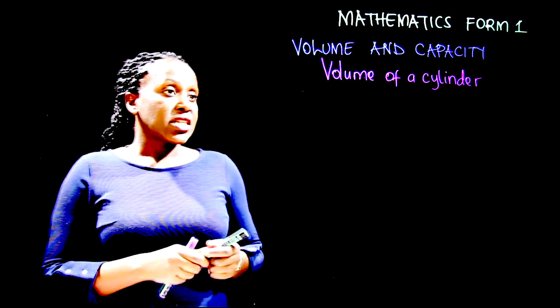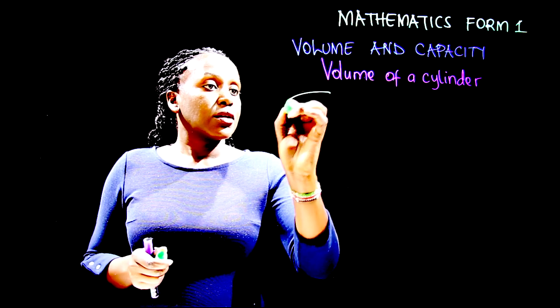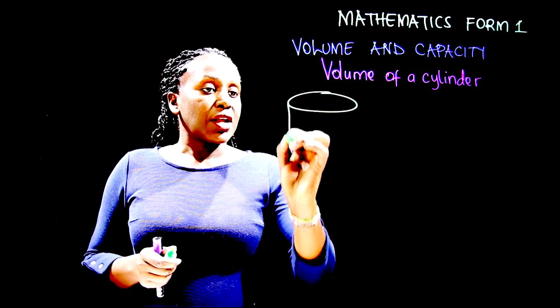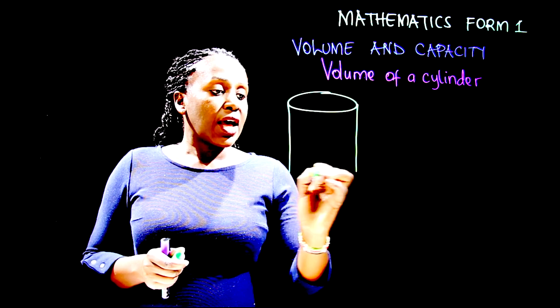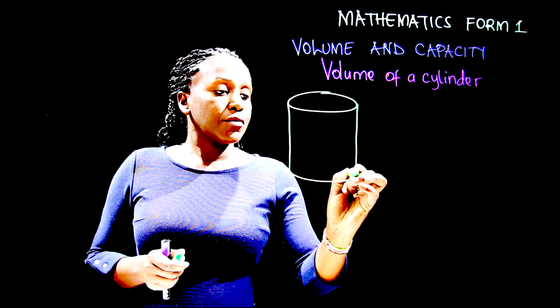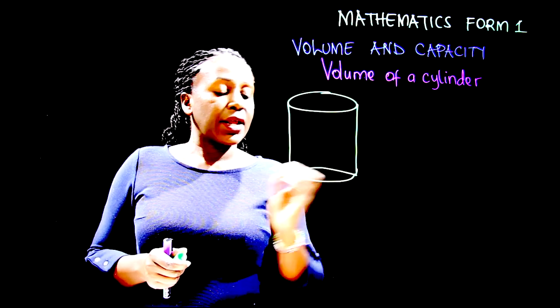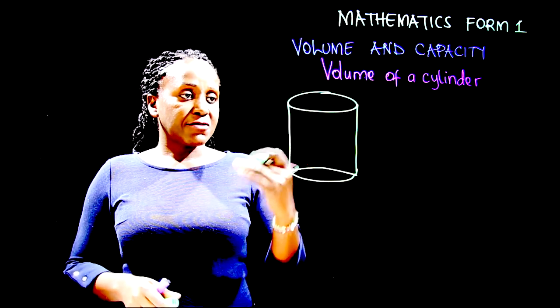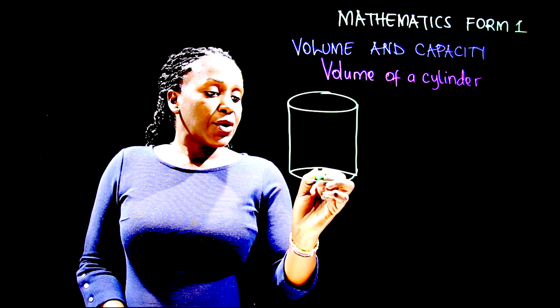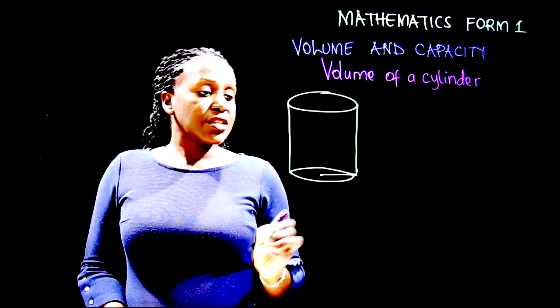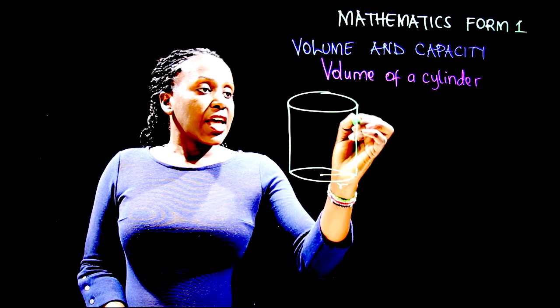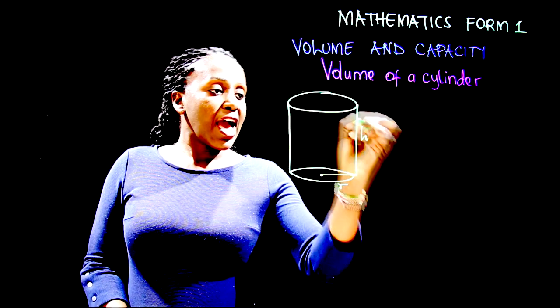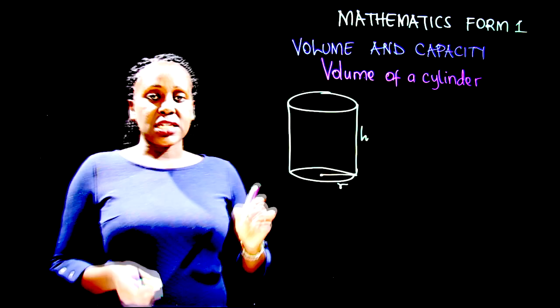So if we draw a cylinder here, like you can see, we have two circles and then a curved surface. Now the circle has a radius and then we have the height of the whole cylinder.